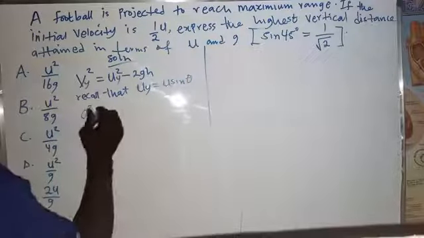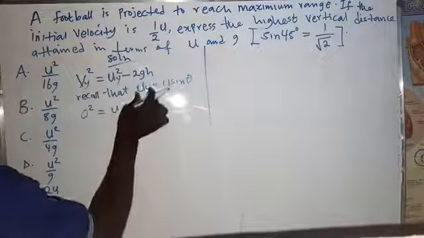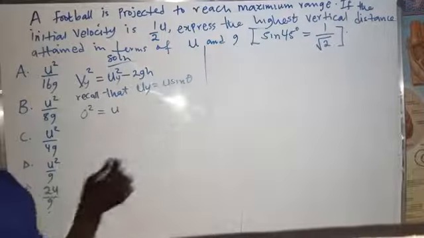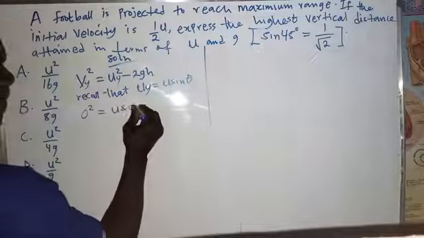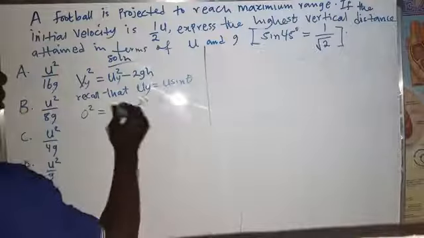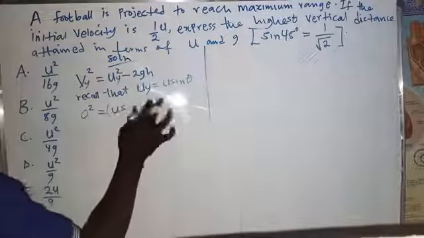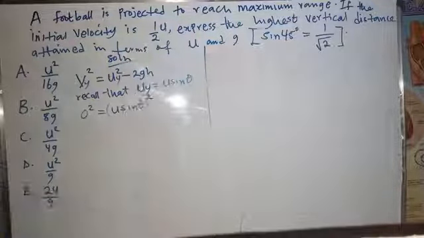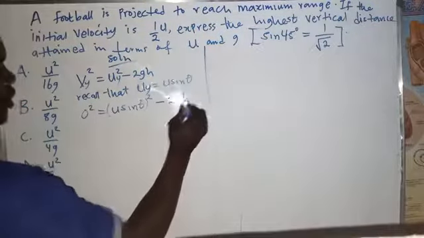So we have 0 squared equal to uy squared, and uy is equal to u sine theta. We're going to have u sine theta all squared, because there is a square here, minus 2gh.